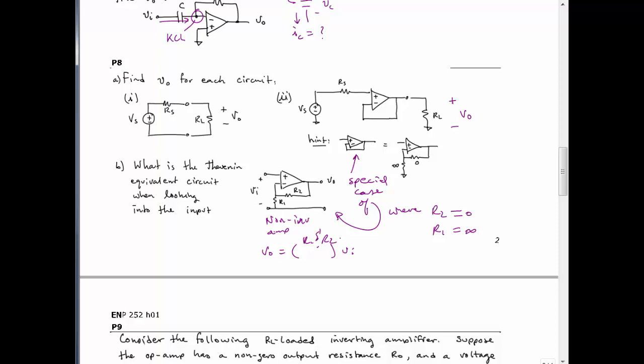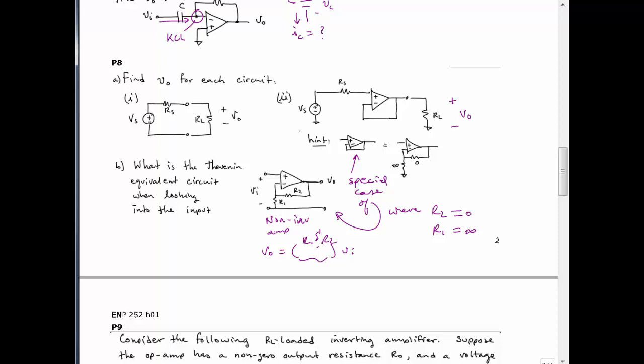R2 is going to go to 0, R1 is going to go to infinity, and you're going to find that this gain expression collapses to a nice familiar number. Okay, and when you solve the second problem, you should find that VO is a function of VS, but its dependence on RS and RL may be different. In fact, it will be different than if you didn't have the op-amp.